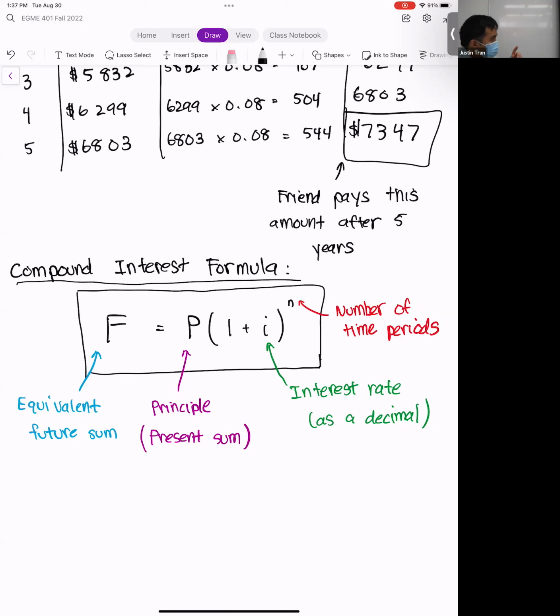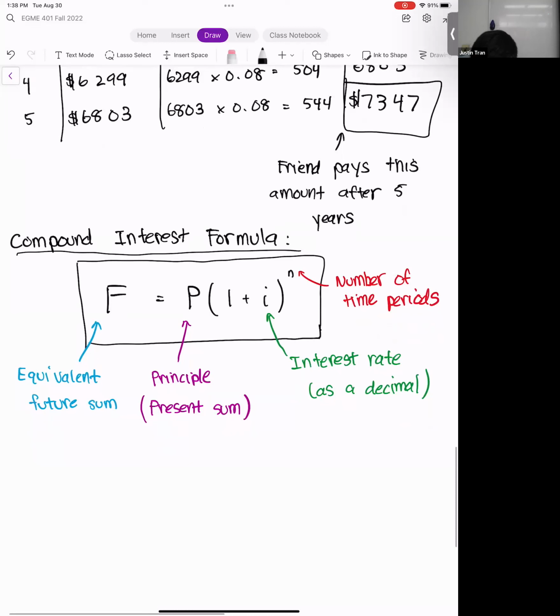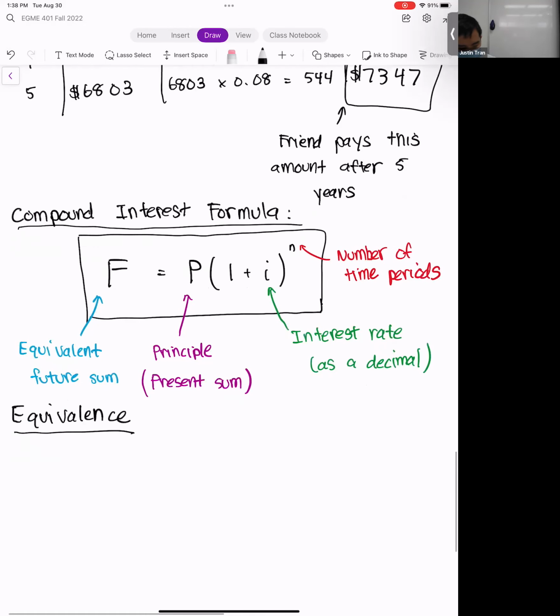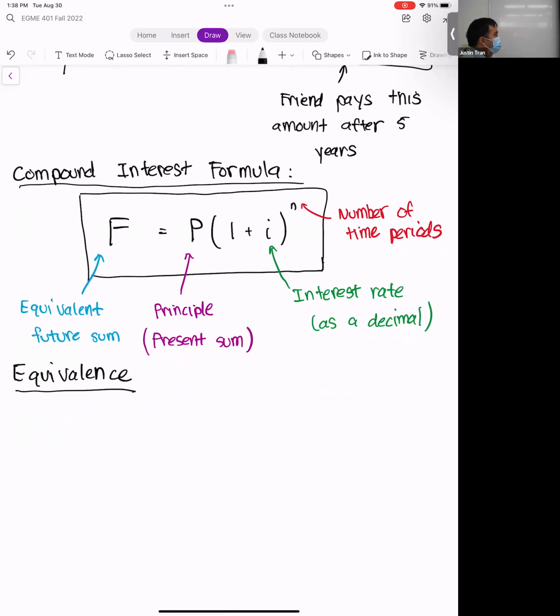All right, so let's talk about equivalence a bit more, because that's an important concept for this class. The idea of equivalence is that when you're comparing amounts of money, it matters how much time elapses in between the two.